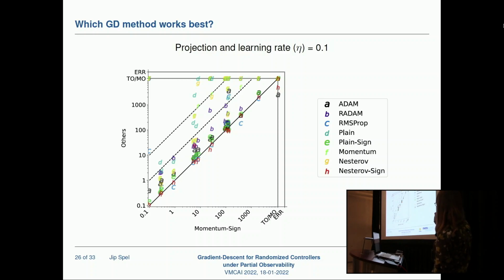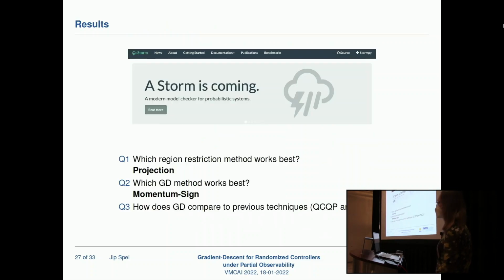And as you can see, momentum sign often outperforms the other ones. Notice that we have here a log scale, so it's an order of magnitude at the dotted lines. It turns out that for most case studies, momentum sign works quite well. So we decided to stay with momentum sign for the final question.